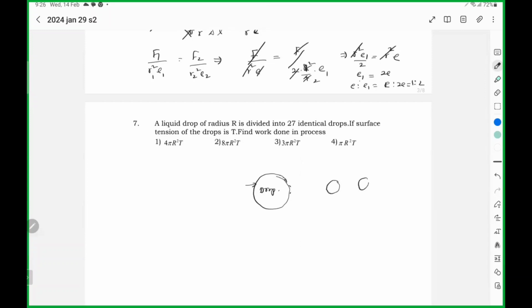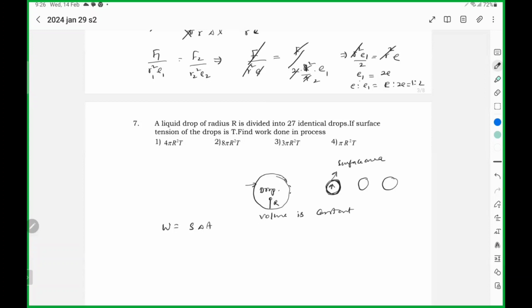If more drops are there, volume is constant, but there will be an increment in surface area. So here the surface tension force will do work to increase the surface area. So the work done by the surface tension force is this.